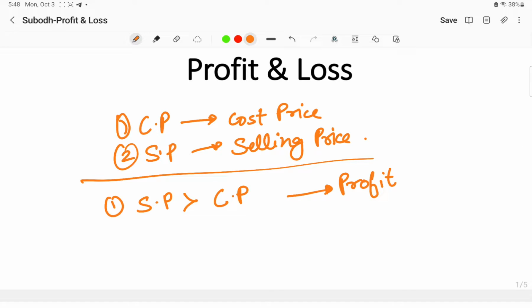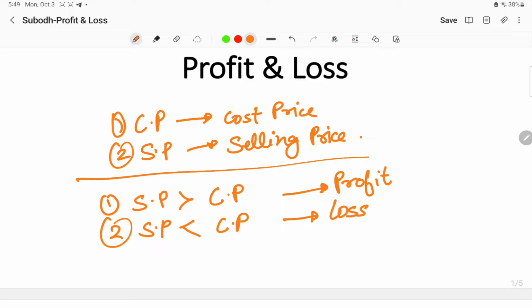Then here you have profit of 2 rupees. And second event, if selling price is less than cost price, then this event is a loss. So if you have bought apples for 10 rupees and you are selling it for 8 rupees, the loss is of 2 rupees.